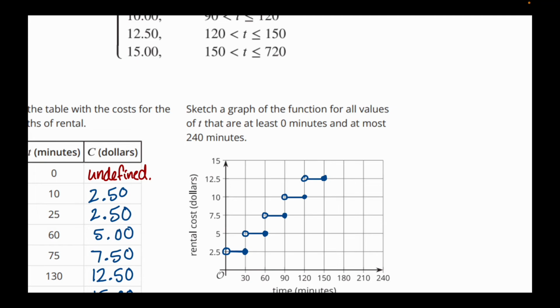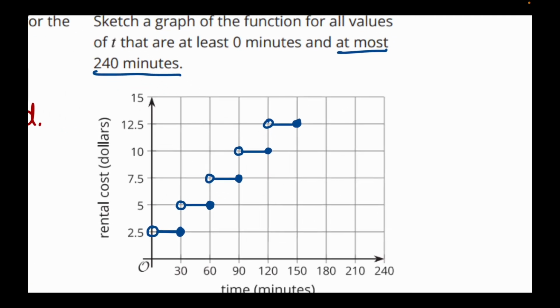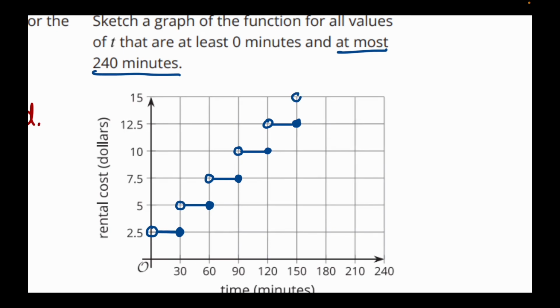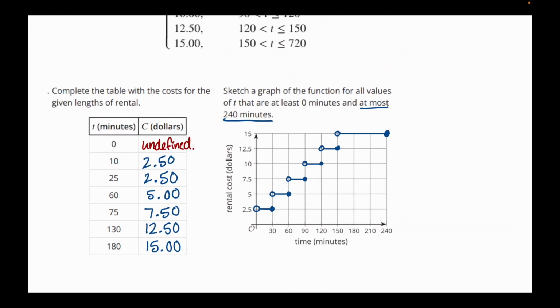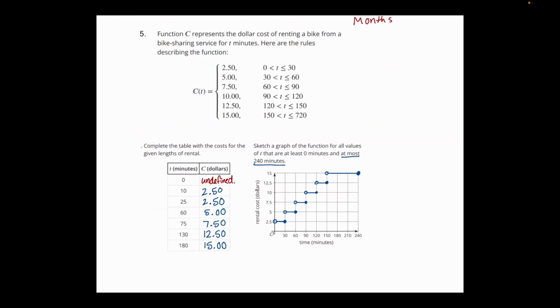They said at most 240, so that's all we're going to put on our graph. That is going to go from 150 to 240 over here, although technically our graph will extend, but at most for our graph. So we're going to look like this. Okay, and I think that one was just completing the graph.